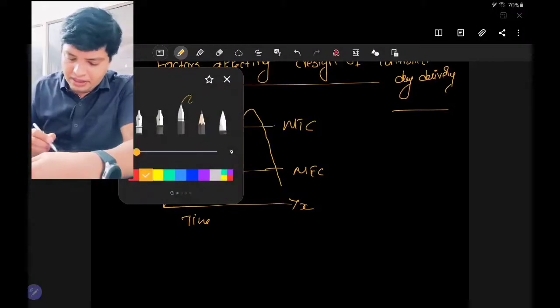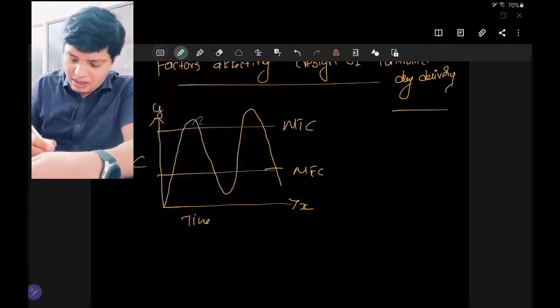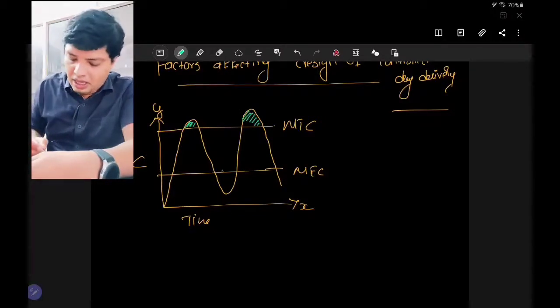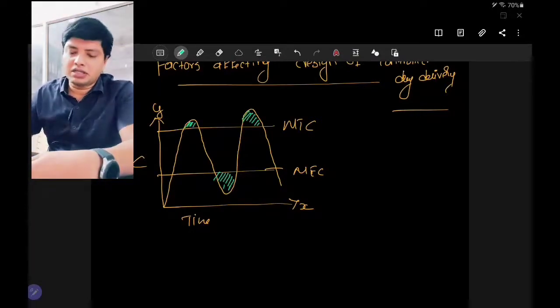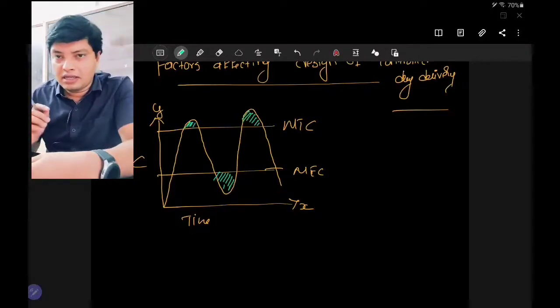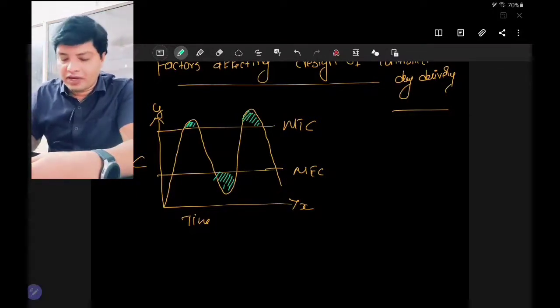Now the problem here is, check these parts. One is higher concentration, which is going above the minimum toxic concentration. The other one is lower concentration, which is going below the minimum effective concentration. So these two concentrations are not very effective.